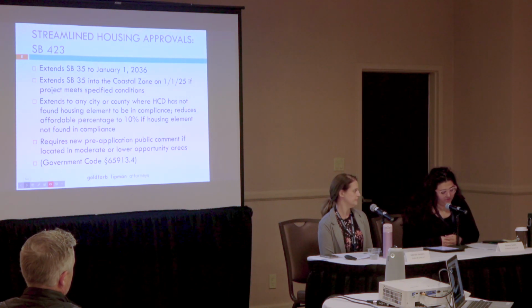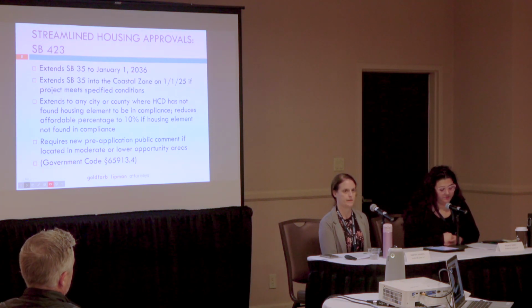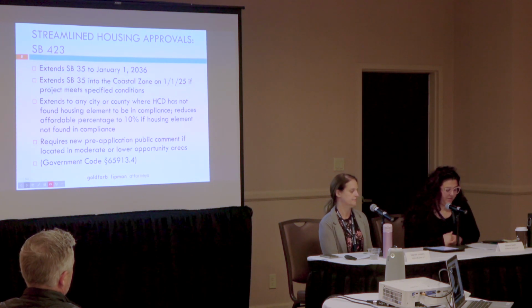The streamlining approval is similar to the last one that I mentioned, which is 60 days if the project has fewer than 150 units, and 90 days if 150 units or more.